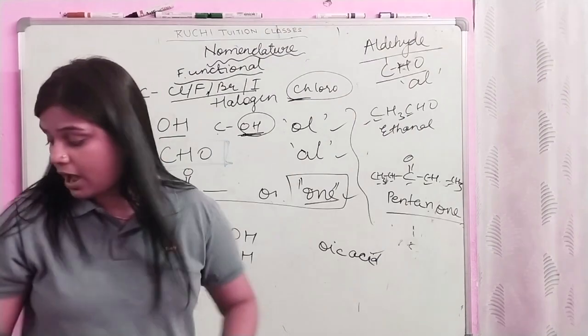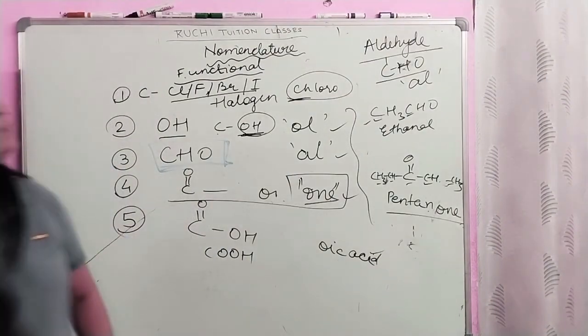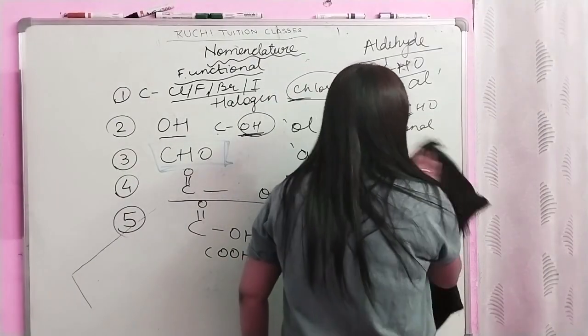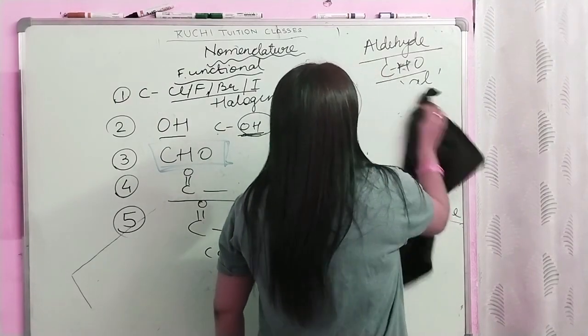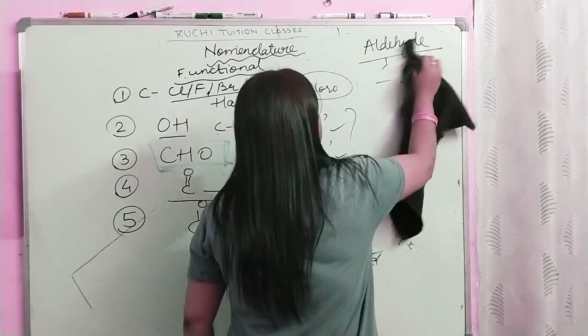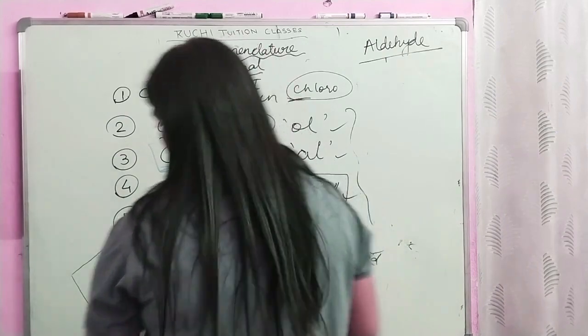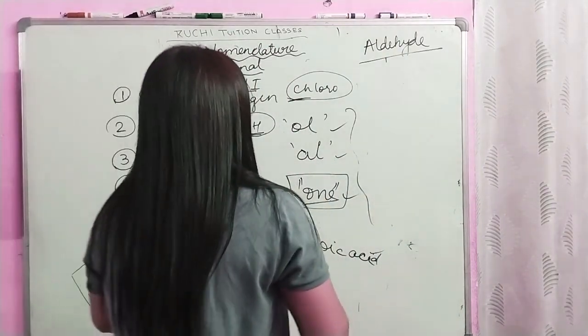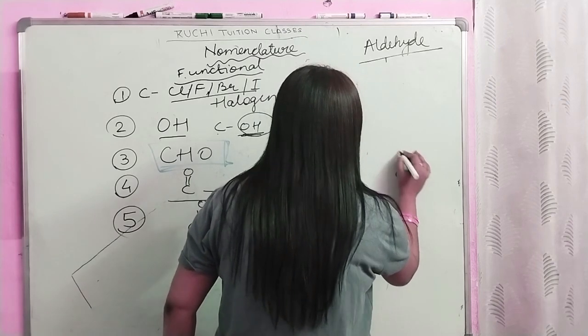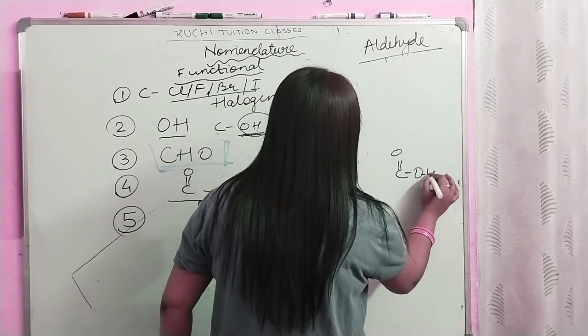Now coming to carboxylic acid. What do we write here? In carboxylic acid the suffix is oic acid. Oic means C double bond OOH.